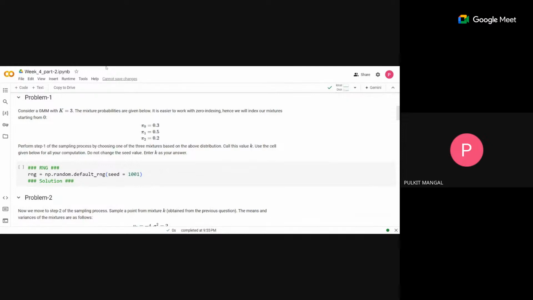So problem 1: consider a GMM with k equal to 3. We have given these mixture probabilities here, starting with 0 indexing. Perform step 1 of the sampling process by choosing one of the three mixtures based on the above distribution. Call that value k.